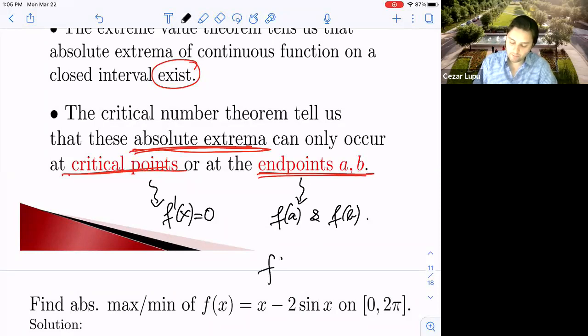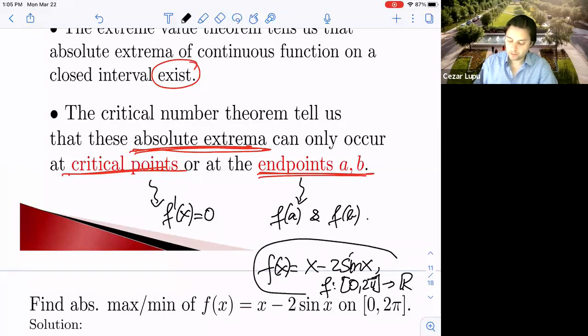So again, let me write it here. f of x is x minus 2 sine of x, and f is defined on the interval 0, 2 pi, with real values. So that's what we want. Think about it for a bit.